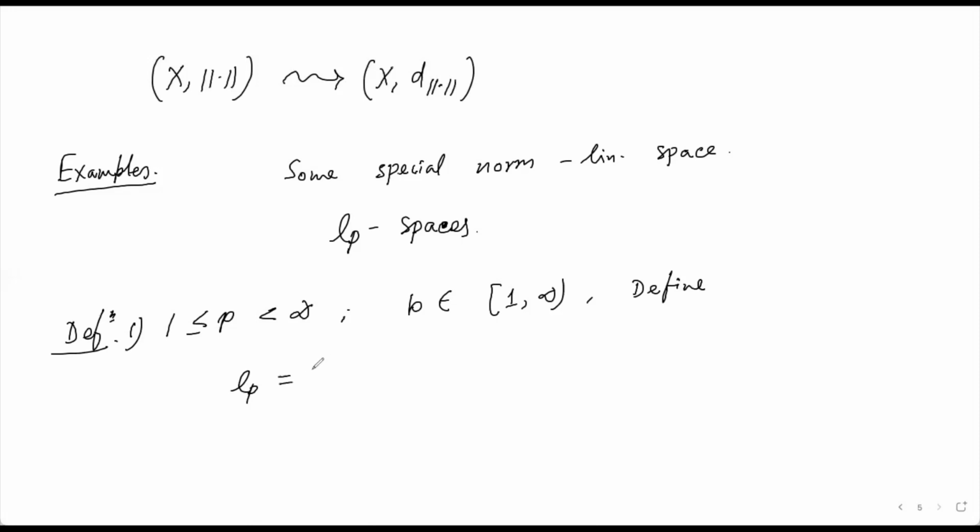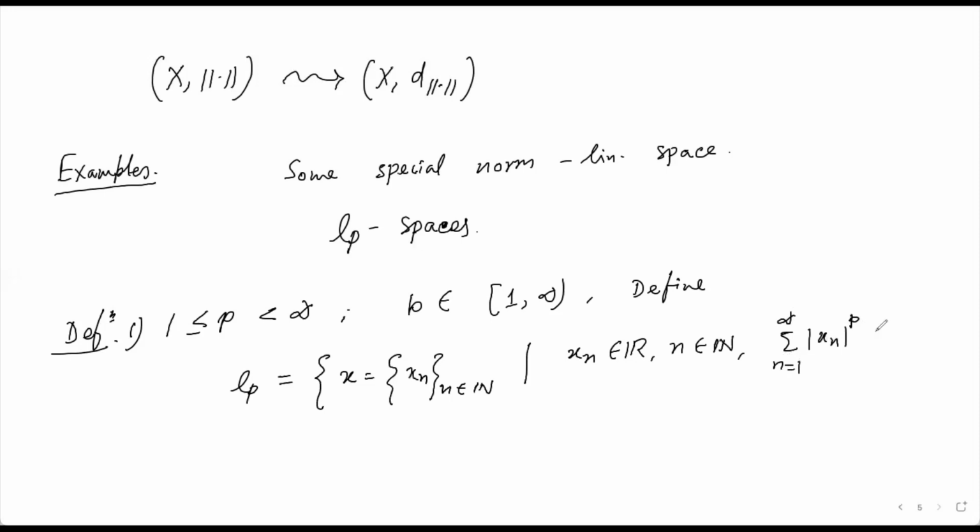This is the set of all real sequences x equal to the sequence (xn), n belongs to the set of all naturals, such that xn belongs to R for every n, and the summation of absolute value of xn to the power p, over n equal to 1 to infinity, is less than infinity. So this infinite sum has a finite limit, and this is the definition of the set Lp for p in the interval [1, infinity).